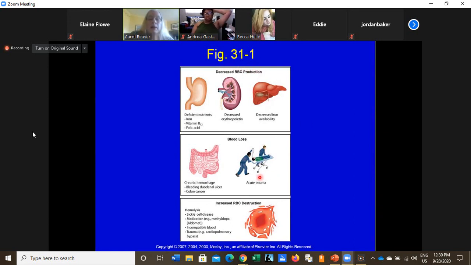And then blood loss, chronic hemorrhage, bleeding, duodenal ulcers, and colon cancer can cause it. Sometimes you really don't even know that it's happening. You can have really dark, tarry looking stools, or it's just sort of insidious where you don't even realize that there's an issue.